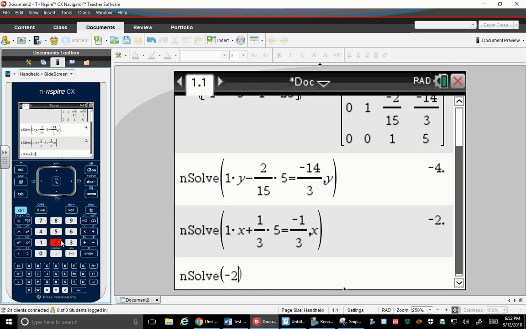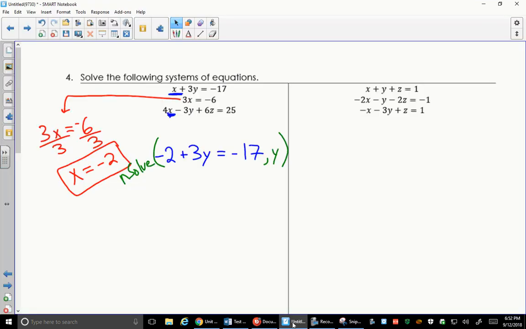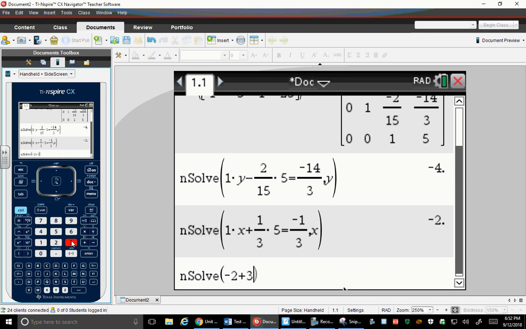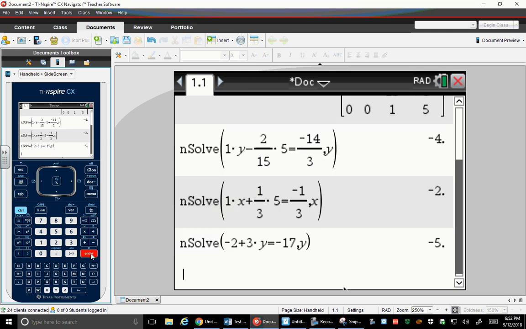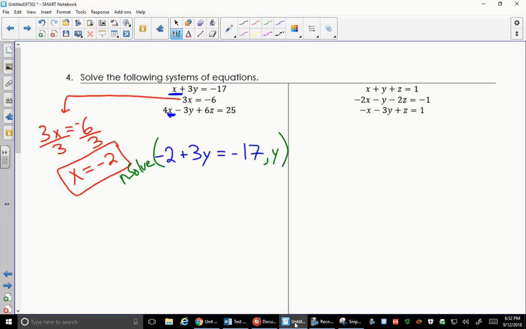So negative 2 plus 3y equals negative 17. And we want to solve this, comma, y. Okay, so we know that y is negative 5.